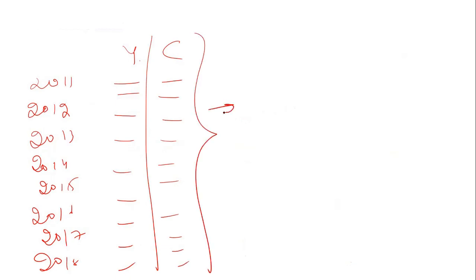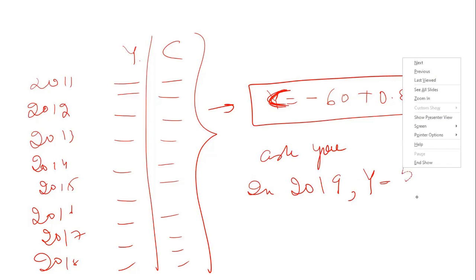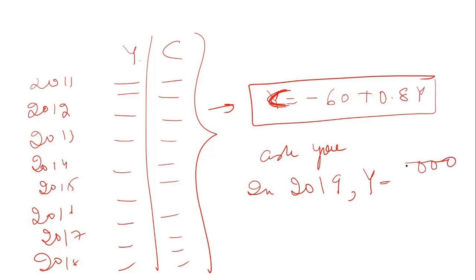Based on this data, you gave me an equation, which is: consumption is equal to minus 60 plus 0.8y. Now, I ask you that in 2019, my income is $5,000. I ask you, predict my consumption.